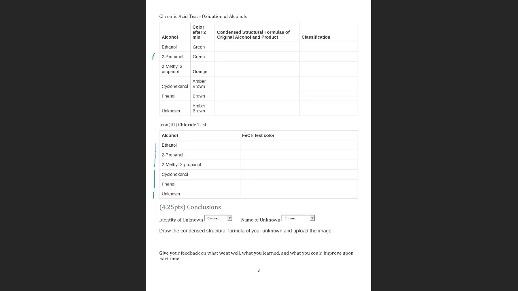How do you distinguish that? Well, we said that we have this test, the iron 3 chloride test, and what else? What else is different with phenols? Remember the acidity test. They are much more acidic than the other alcohols.